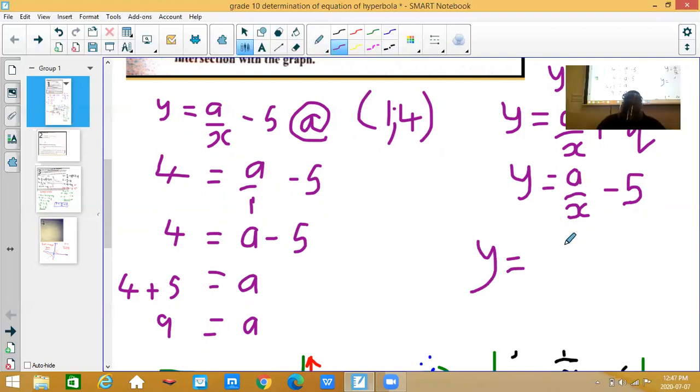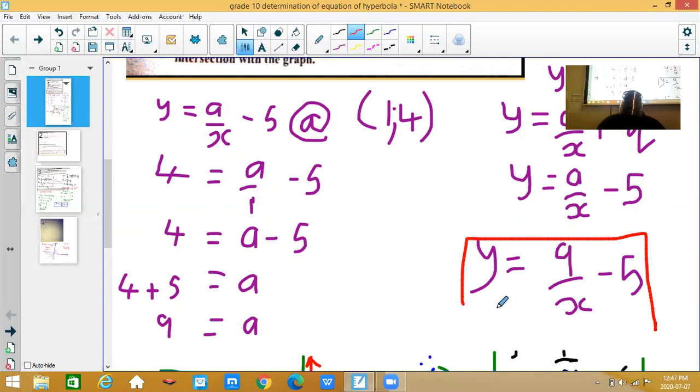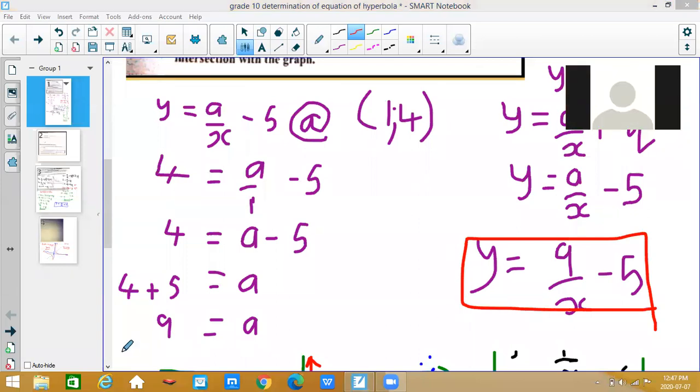It will be 9. 9 over x minus 5. So it implies that we have found the equation of the hyperbola, which is y is equal to 9 over x minus 5. Are you clear on that?